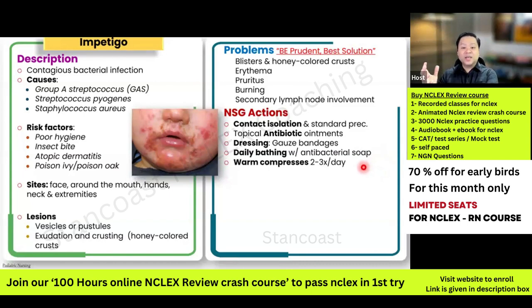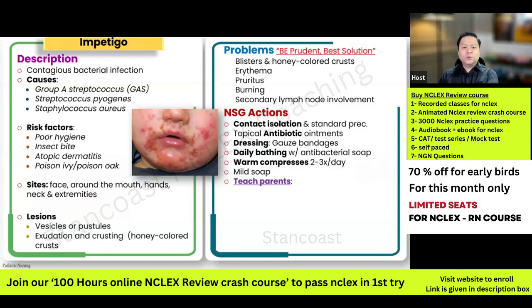This is going to soften the crust, make it easier to remove the crusted area, and promote healing. The parent will also have to use a mild soap instead of astringent soap in order to lessen the irritation.